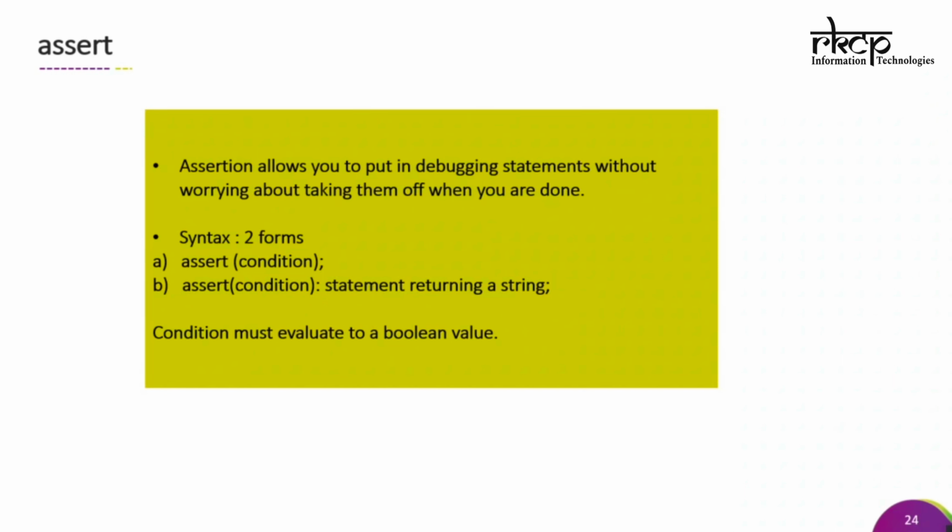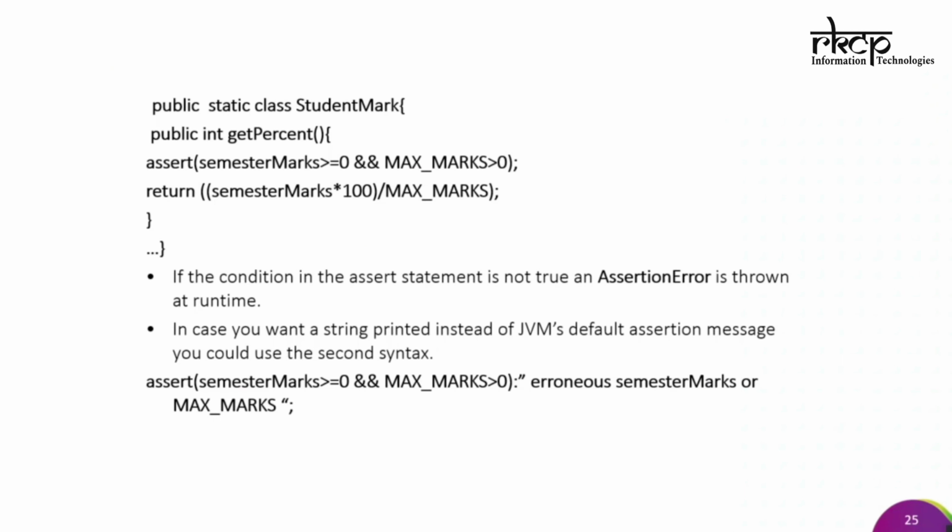Now, it is like an if-else type of condition. Look at this example. Here I am taking one student's mark, one class, and one percentage. Under the assert I have written: if semester marks is greater than 0 and maximum marks is greater than 0, then return semester marks into 100 divided by maximum marks. Suppose I want to do this.